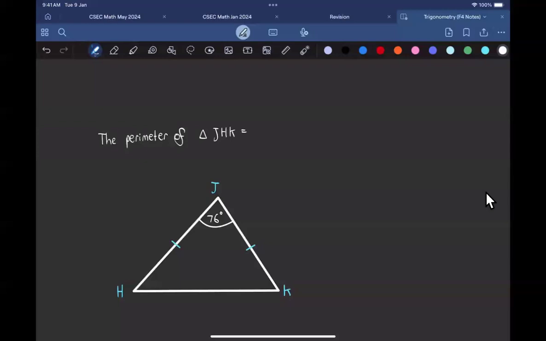What does perimeter mean? If I ask you the perimeter of a circle, or the perimeter of a plot of land, or the perimeter of a house, what do I mean? The whole distance around, correct. So that will be this distance. We go around the triangle.